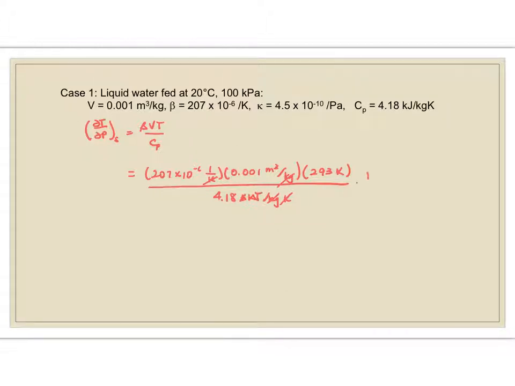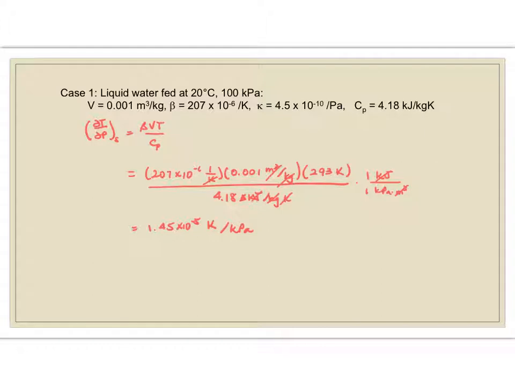So what we need to know is that 1 kilojoule is equivalent to 1 kilopascal times a cubic meter. And so those cancel out, and I'm left with units of Kelvin per kilopascal, and in this case 1.45 times 10 to the minus 5th kelvins per kilopascal.